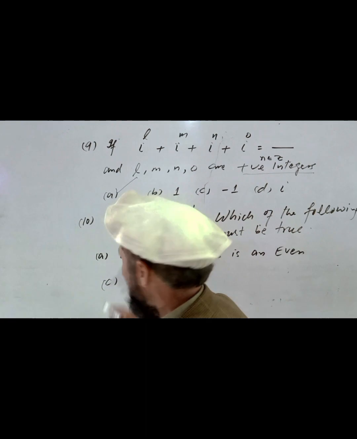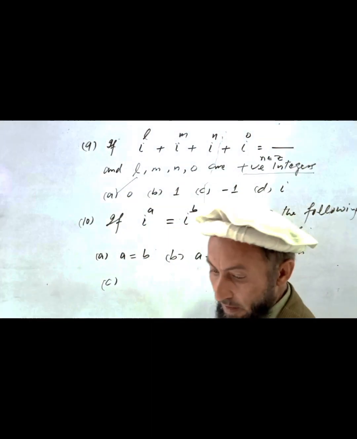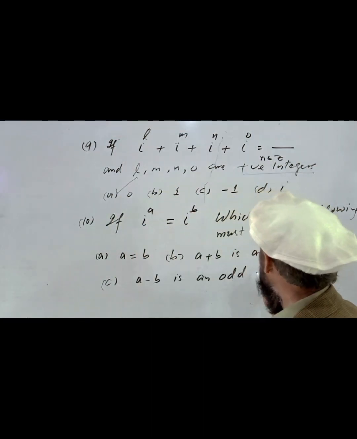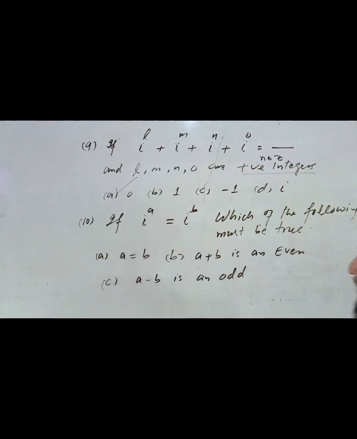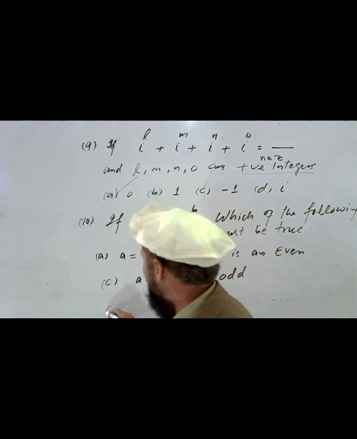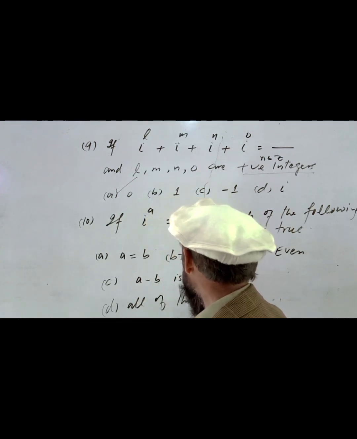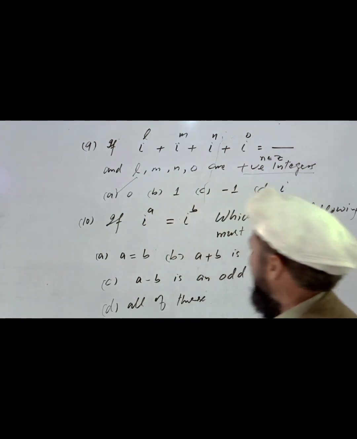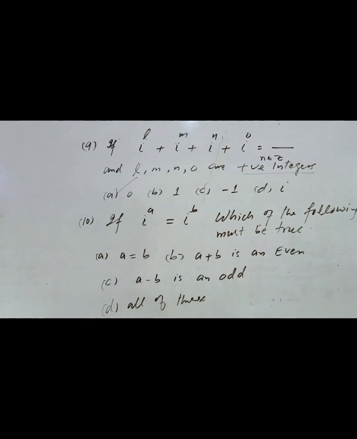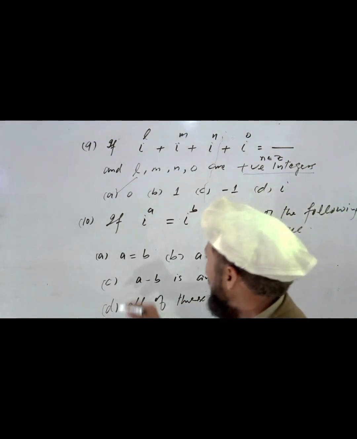Part C, A minus B is an odd number. And D, all of these. The correct answer will be A minus B.